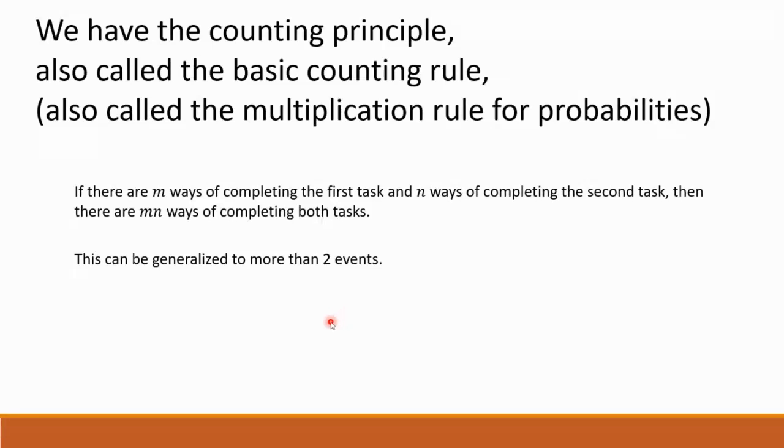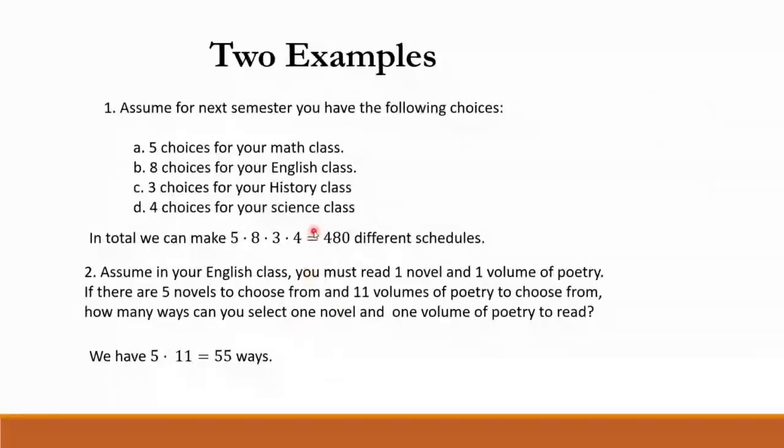Okay, so now let's do an example. Well, actually 2 of them. So let's say for next semester, spring 2021, you're making your schedule, okay? And this is all hypothetical. Let's say you have 5 choices for the math class you have to take. You have to take an English class, and you have 8 choices for that.